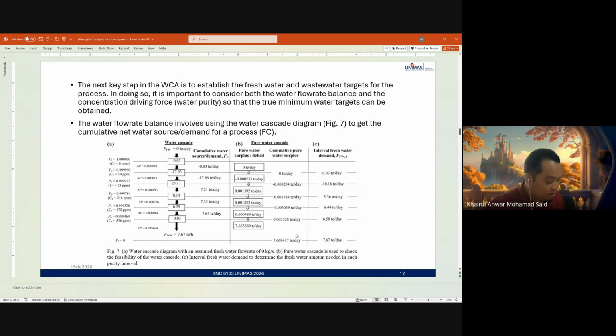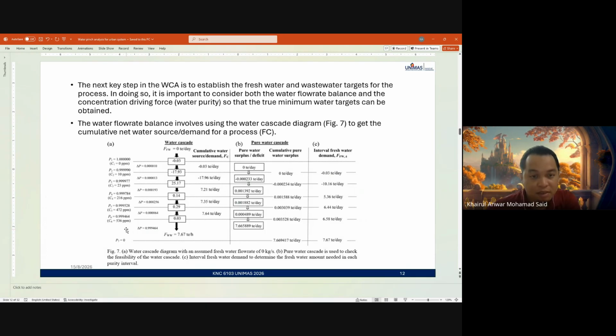So for the cascading, you can either use the table, the interval water balance, or you can do this water cascade diagram. Since this is the first try, we don't know yet how much fresh water is needed, so we put 0.